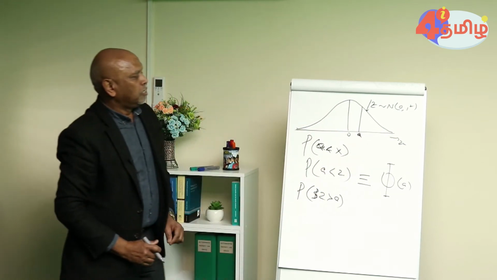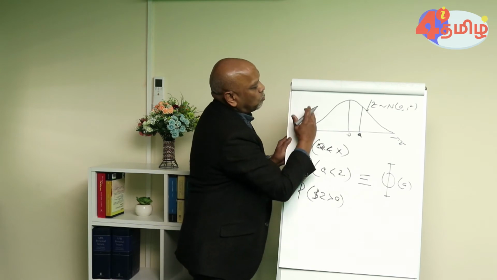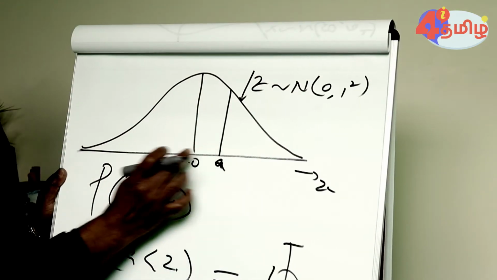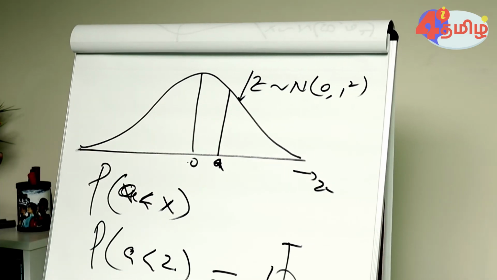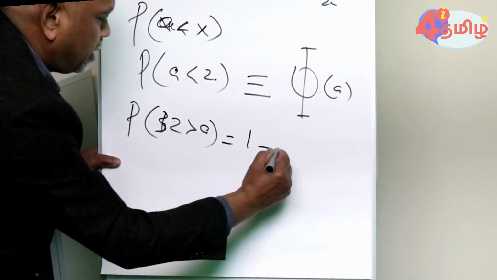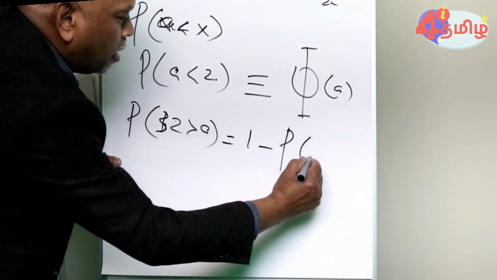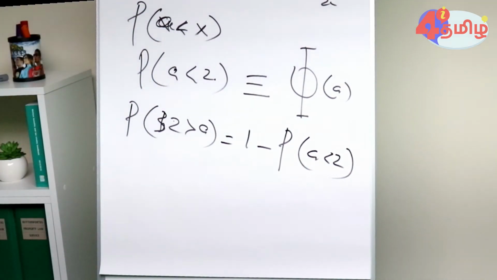So can I say the left-hand side of a is 1 minus the right-hand side of a, or the right-hand side of a is 1 minus the left-hand side of a? That's what it is, isn't it? So I can write this as 1 minus P(Z less than a).